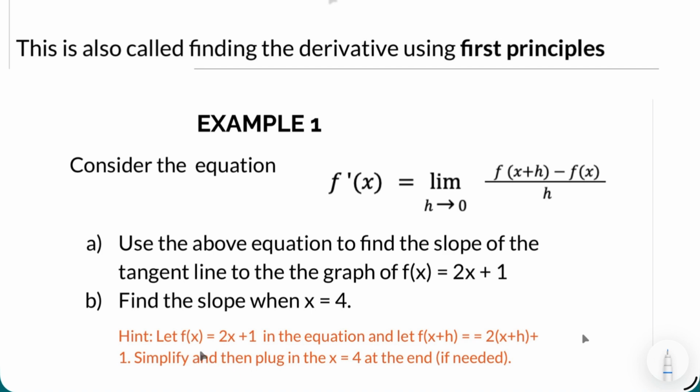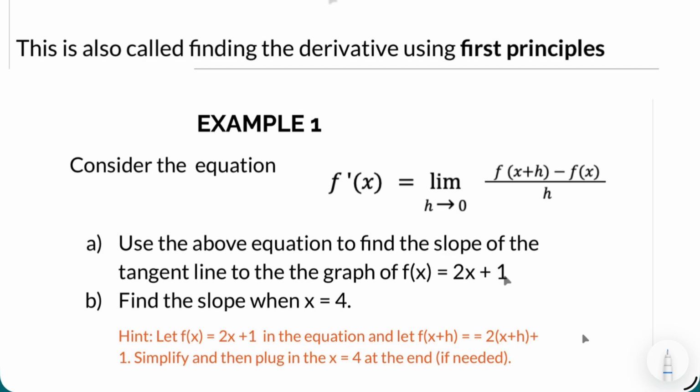So we need to have values for f of x, which we have here. Then we need to find values for f of x plus h. To find f of x plus h, you simply replace the x with x plus h. So it'd be 2 bracket x plus h, then plus 1.